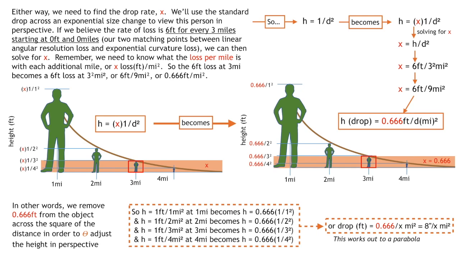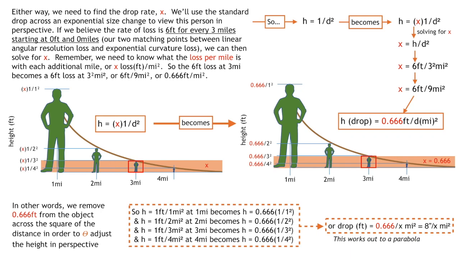So again, you can change our formula, essentially, or the way of looking at this diagram, to just substitute x for what we solved for as 0.666 feet per mile squared, and this person has that part of him essentially removed with that particular distance. So you can see at 1 mile he has about 8 inches of his legs chopped off.